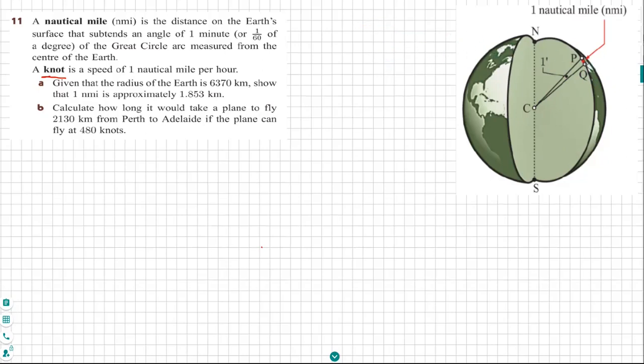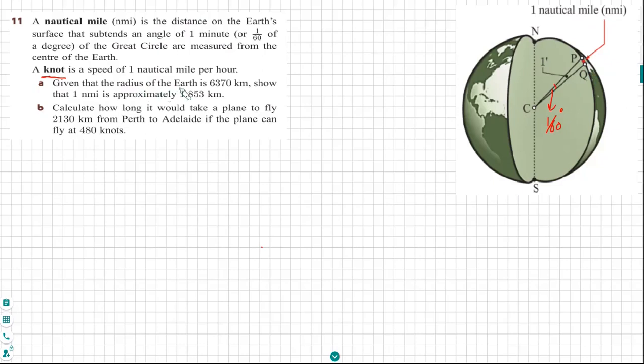This curved distance is represented on the diagram as PQ. And this angle equals 1/60 degrees, right? So when you cover this angle of 1/60 degree, the distance along the arc will be PQ, or 1 nautical mile.